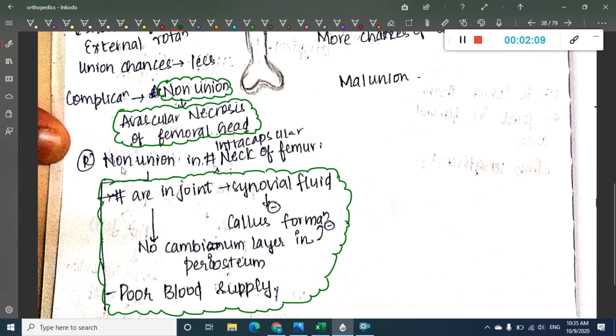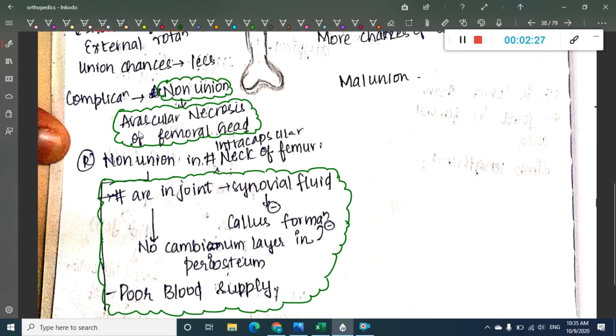The synovial fluid in the joint space will prevent the callus from forming. As a result we will not have proper callus formation, and this will land up in non-union.